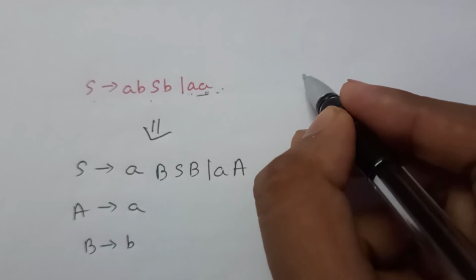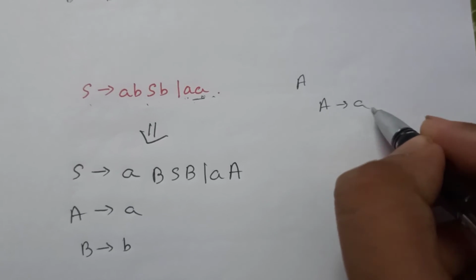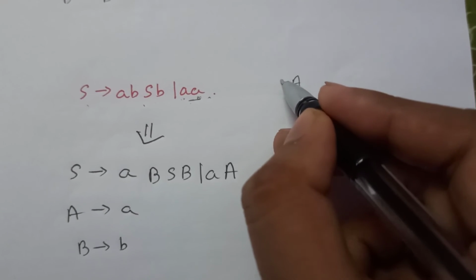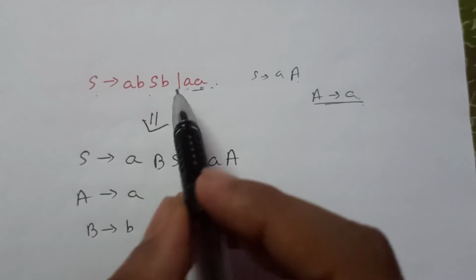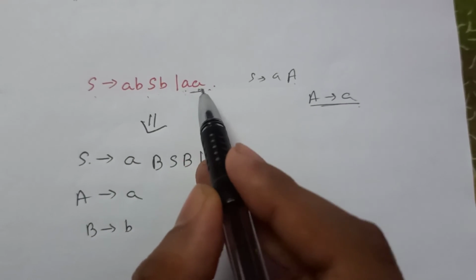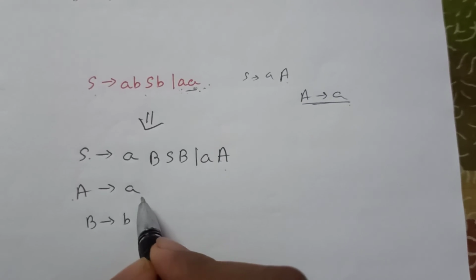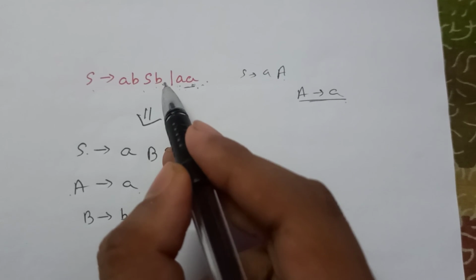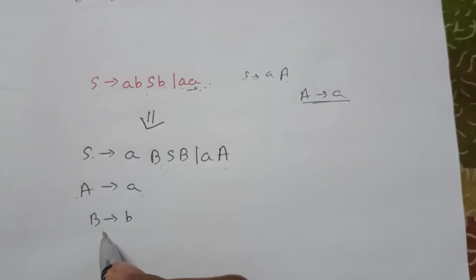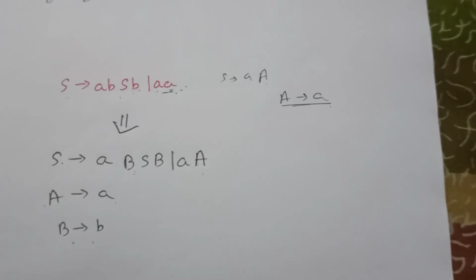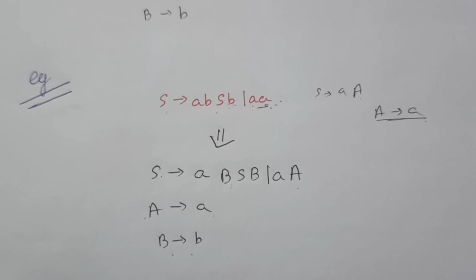So I will write a capital A for this, and add another production, A to a. Now it is fine. I have replaced this small a with capital A, and written the production A to small a. Here I am doing the same thing for b. I have replaced these two b's with capital B, and written a production capital B to small b. I hope this Chomsky and Greibach normal form is clear for you. I suggest you try to do it yourself.